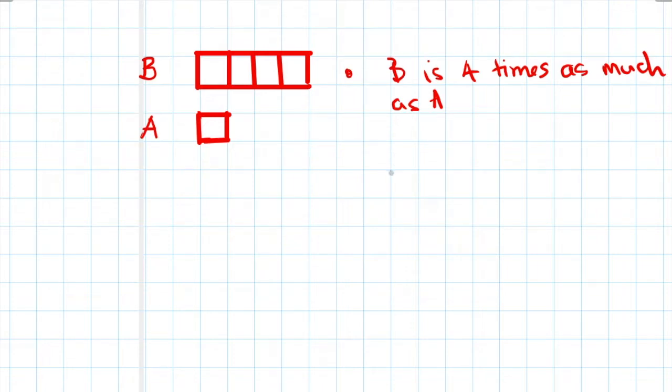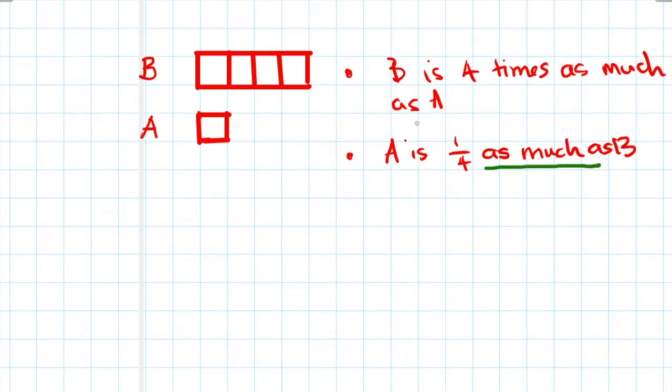The question can say A is 1/4 as much as B. When you see "as much as" and you see a fraction here, this one you put here, and this one is here.